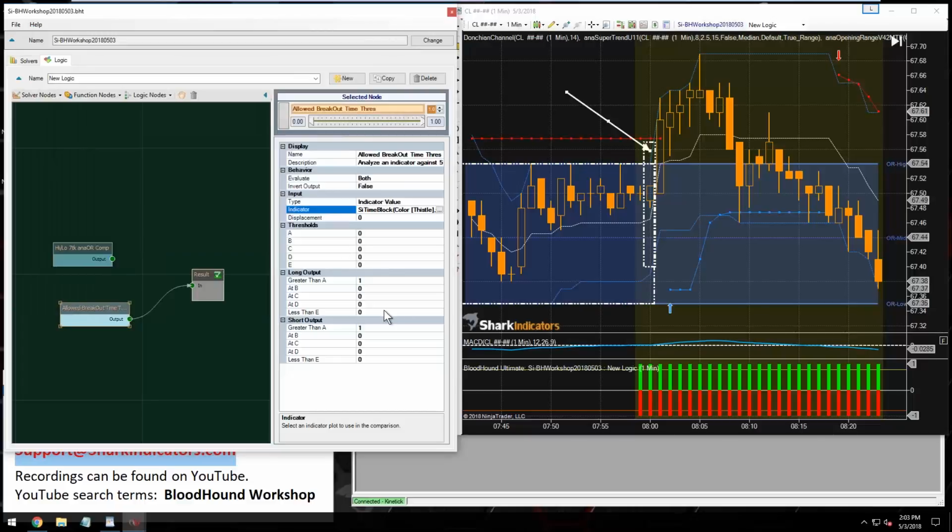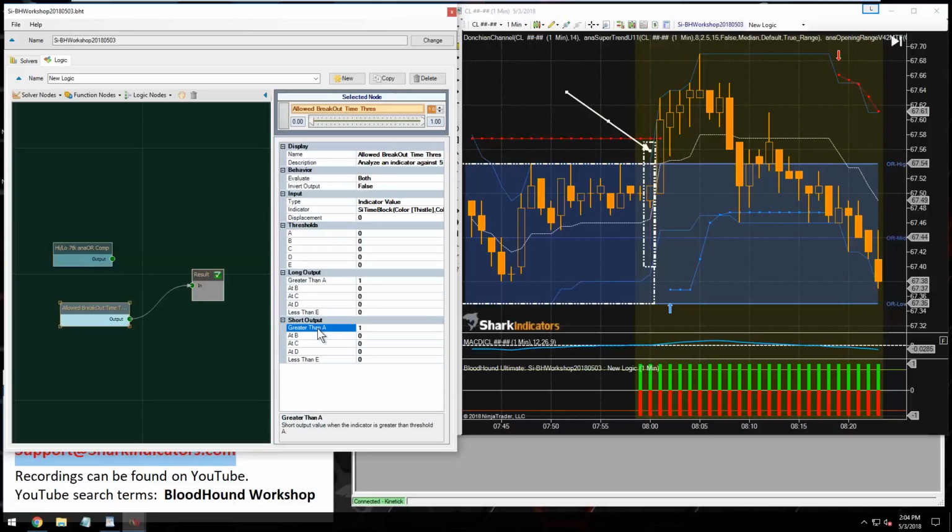Now on the outputs, the outputs are a little different because the long output is going to be greater than A, and the short output is greater than A, right? That is kind of atypical. It is not common to set your outputs both the same on the threshold solver.